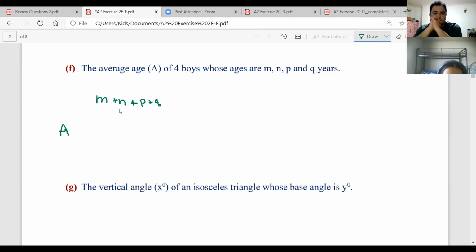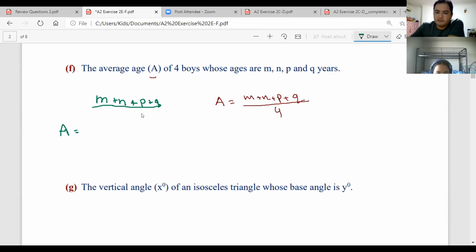I forgot how to do that. Here, first, the average age is labeled by A. So capital A equals the sum of the numbers divided by the number of numbers. That is M plus N plus P plus Q over 4.